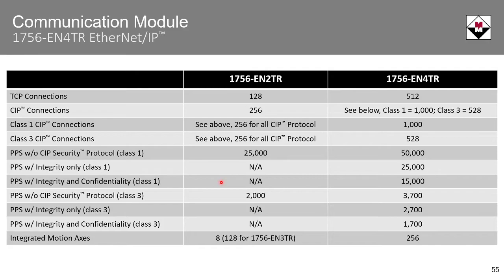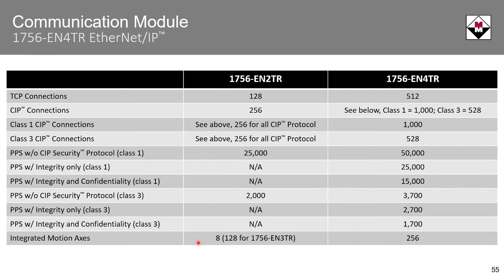So just for comparison, the EN2TR supports 128 TCP connections, while the EN4TR supports 512. As far as SIP connections, you're limited to 256 for both Class 1 and Class 3. However, the EN4TR supports 1,000 Class 1 connections and 528 Class 3 connections.